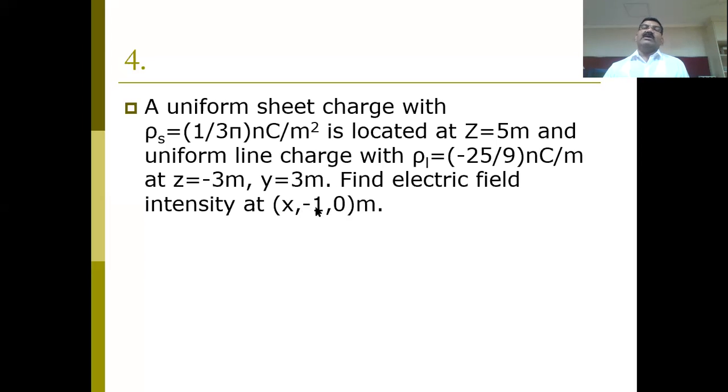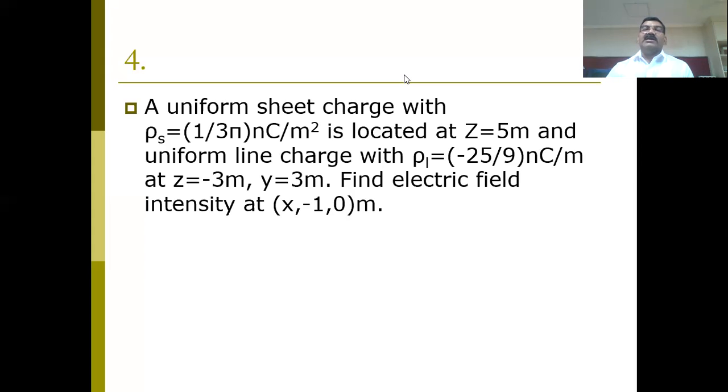So x and y will be nullified for this rho S, and here it is z equals -3 and y equals 3. Here the same x parameter will be there, so x will get cancelled. You don't have to worry, because in both vectors the x will get cancelled.